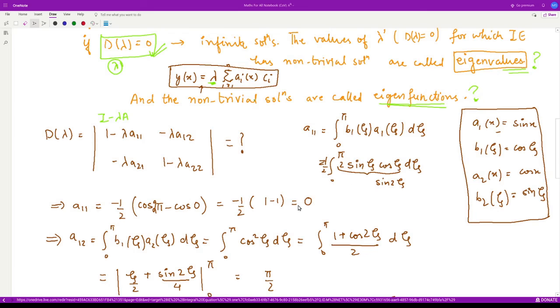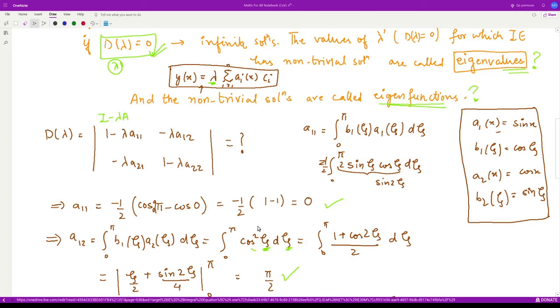So a11 comes out to be 0, a12 comes out to be pi by 2. a12 is basically the integration from 0 to pi of b1(zeta) a2(zeta) d zeta. So it would be cos square zeta because b1 is cos and a2 is again cos, and we'll use the same variable zeta and take the integration with respect to zeta.